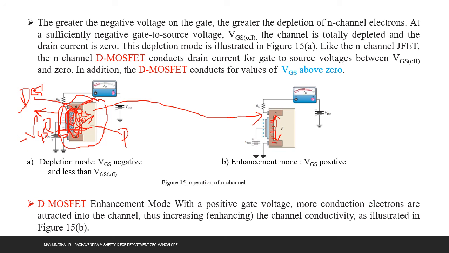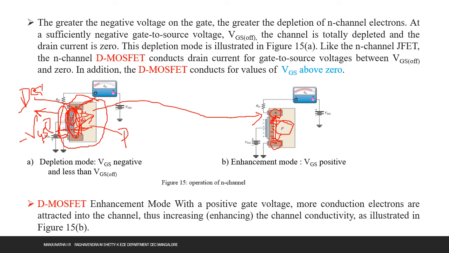How are they going to accumulate? Electrons are already present in the N region, and the minority charge carriers in the P region are also electrons. So from these regions, electrons should be accumulated.